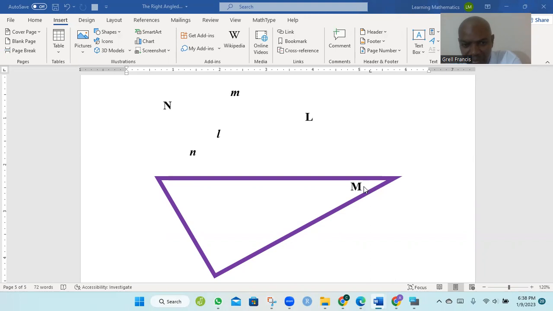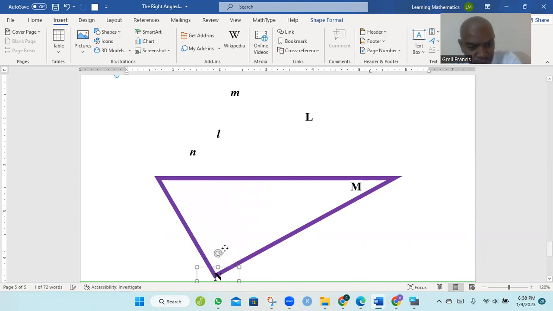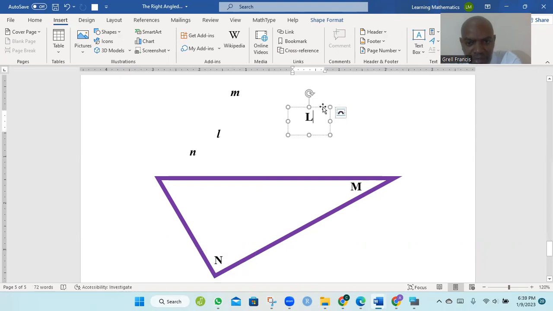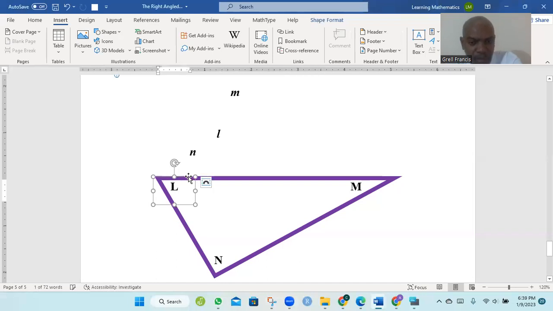So this is angle capital M. Help me to choose a corner to put capital N. Top left or bottom? So let's put capital N there. And obviously capital L has no choice but to go on the top left.